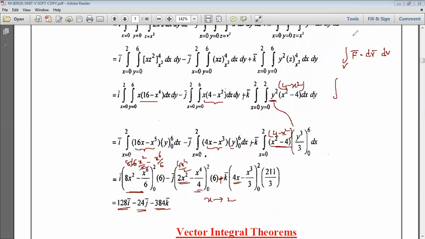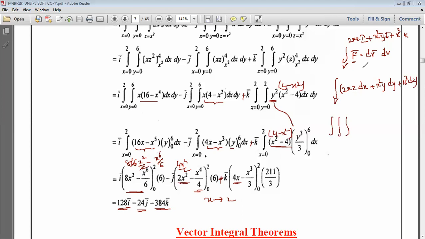Suppose f bar is 2x i plus x square y j plus x cube k. If they give f bar like this, then f bar dot dr bar dv is simply 2x dx plus x square y dy plus x cube dz over the volume v, and a triple integral you can apply and then calculate.